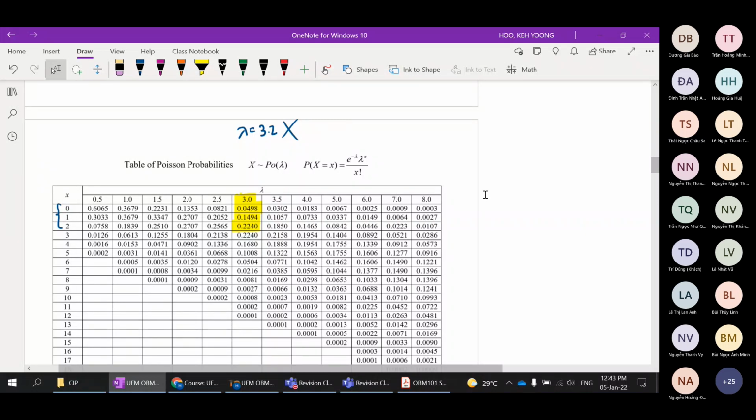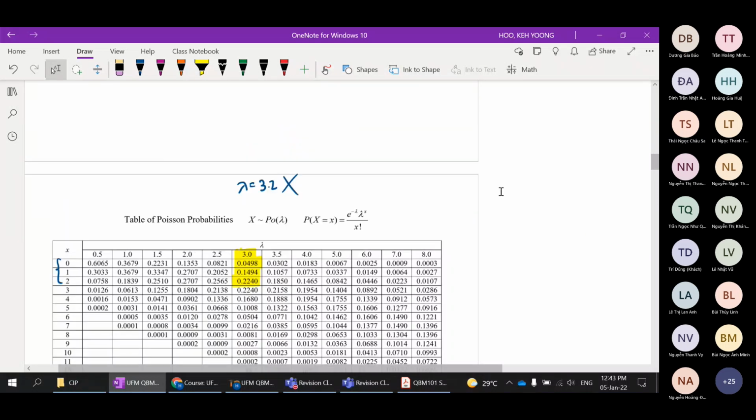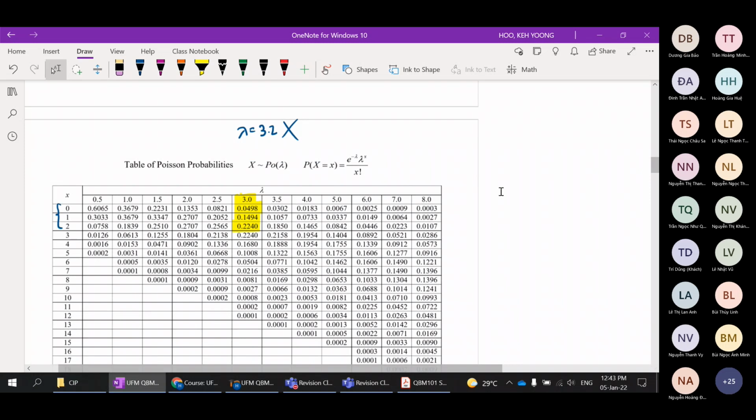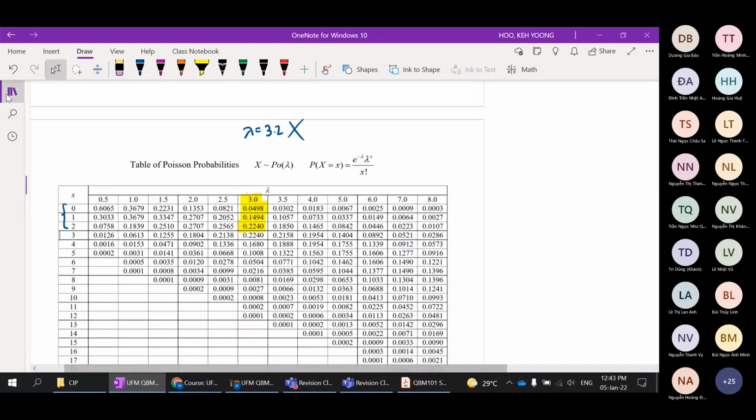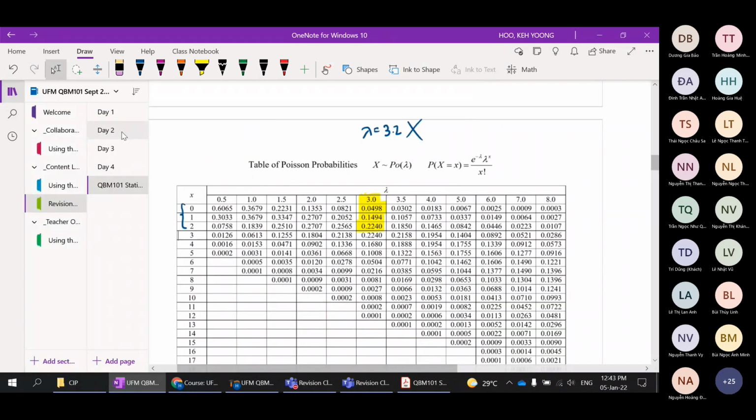Yeah, this is the statistical table that I refer to. You can straight away extract, copy out the probability. Just now we used until x equal to 3, right? So until here.